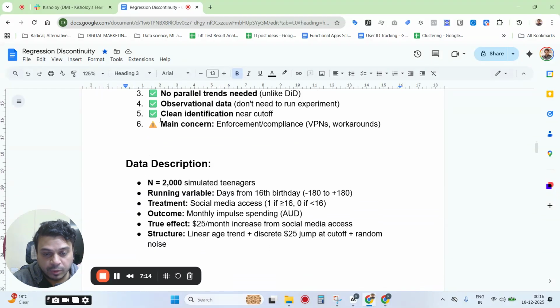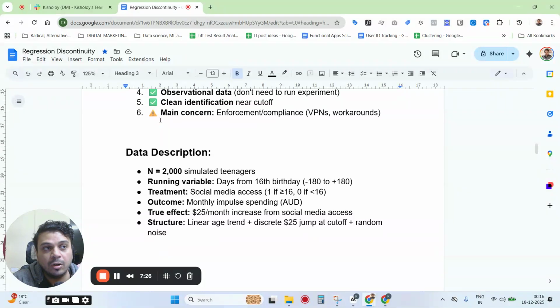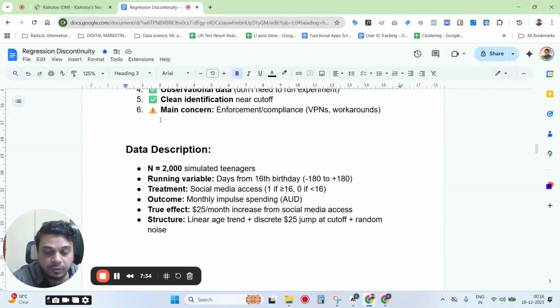One of the concerns, of course, is whether or not this can actually be enforced. That question also came up during the discussions on the LinkedIn post that I shared originally. People were asking whether this is even ethical, whether you can actually collect this data, or whether you can really enforce it properly, because people below the age of 16 might still find ways of gaining access to social media.